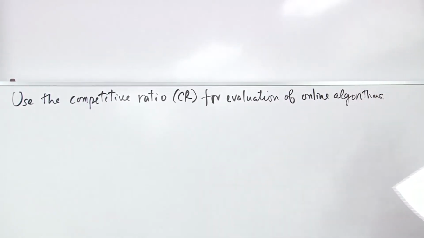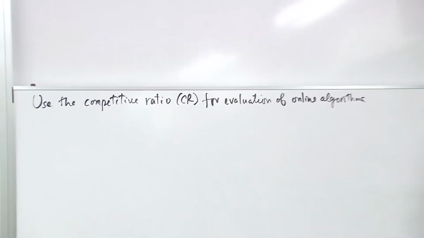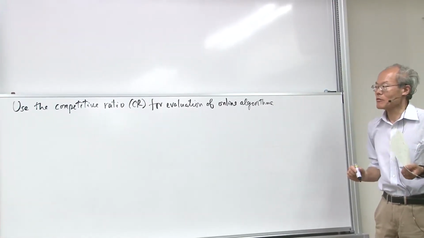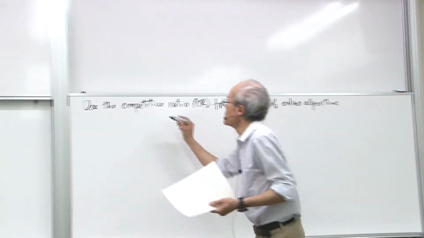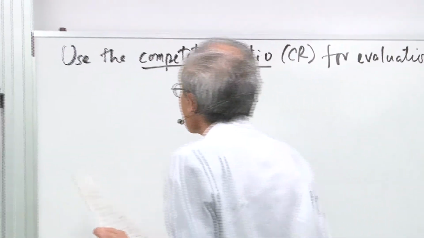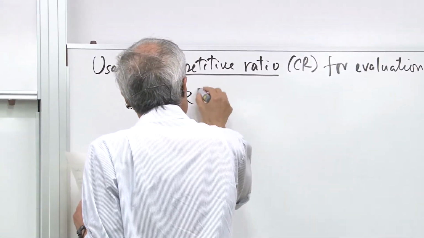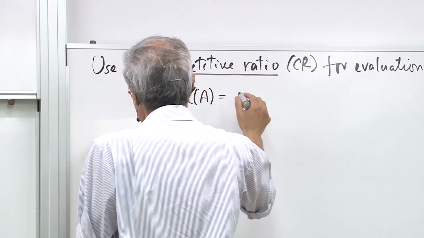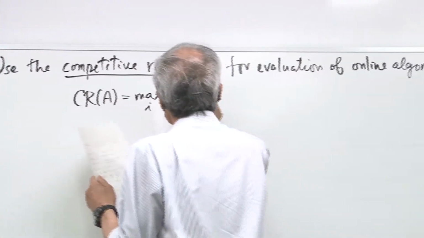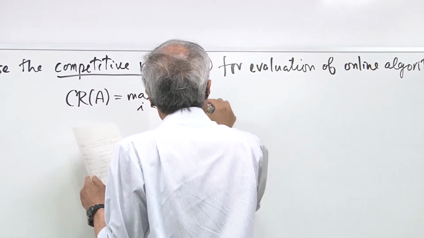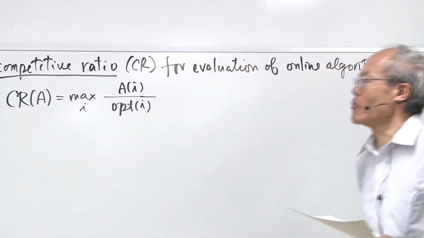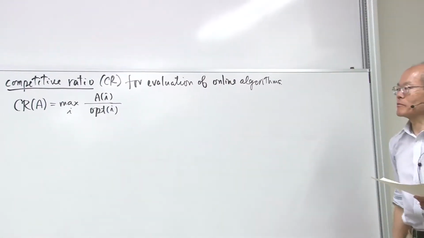We're going to use what we call competitive ratio for evaluating online algorithms. Competitive ratio. What is this? The competitive ratio of algorithm A is equal to a quite simple formula.